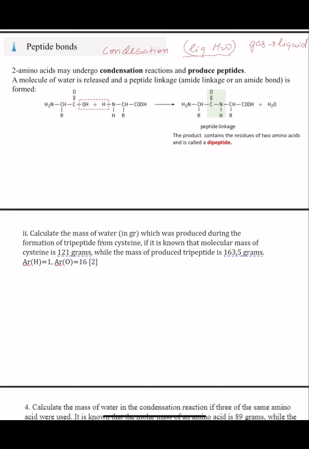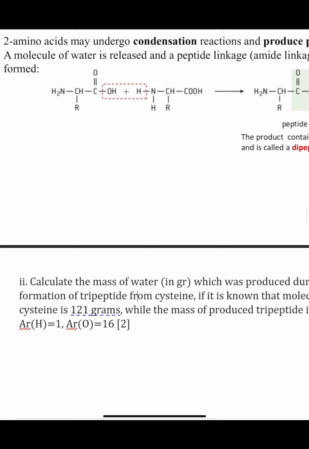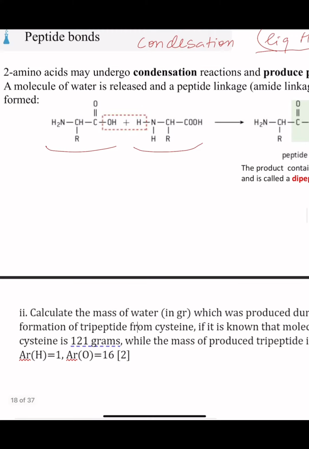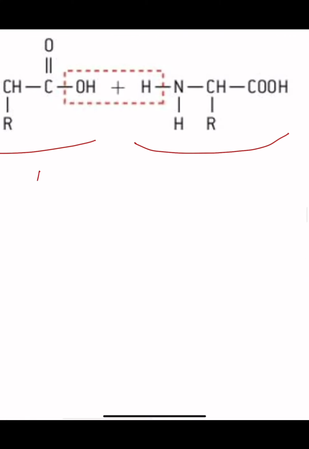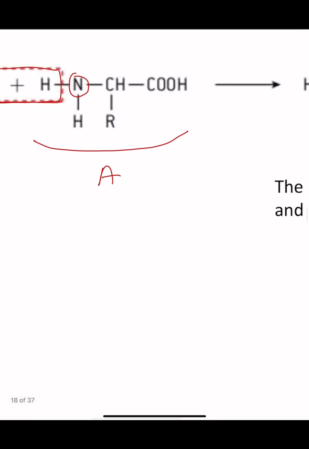So now, as you see, I have one amino acid and then another amino acid beside each other. The OH of the carboxylic side of one and the H from the amine side of the other combine together and I remove the water.